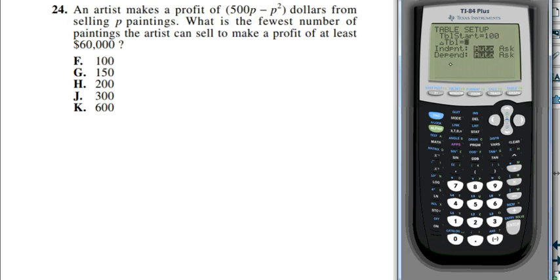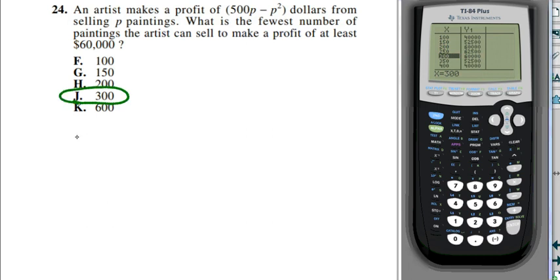And then the change in my table is going to be to where I can see all my answer choices. So I'm going to let that be 50. And now I'm going to look at my table. So second graph looks at my table. Okay, we want to know where it's at least 60,000. So when I'm scrolling down, I notice that 60,000 is the value when x is 300. So that's going to be my answer right there.